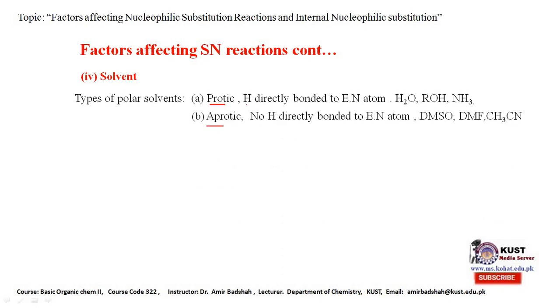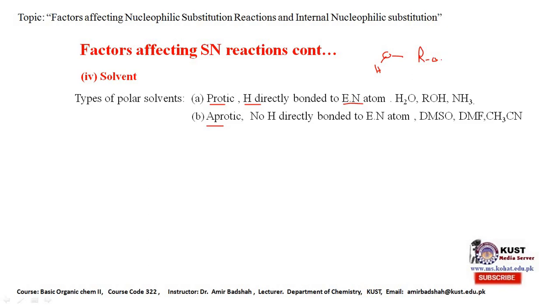In a protic solvent, hydrogen is directly bonded to a more electronegative atom. For example, in H2O, hydrogen is bonded to a more electronegative atom, oxygen. The same is the case in ROH, alcohol.